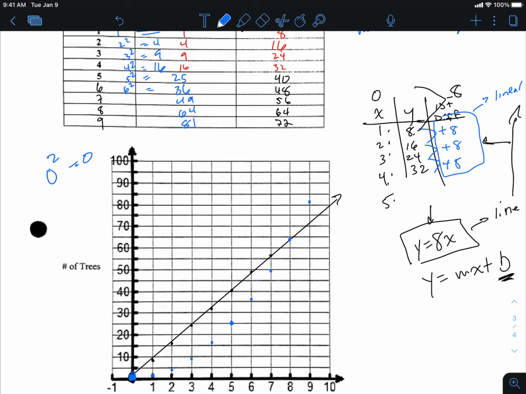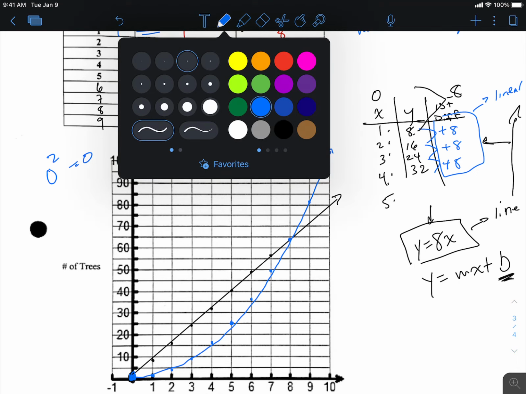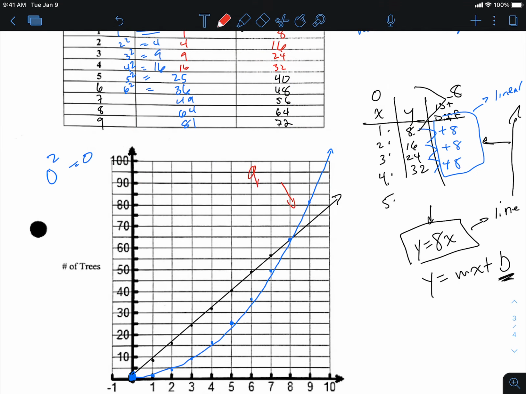Okay, so if I connect these dots, right, what we're going to see is something that doesn't necessarily look linear. This is what we define as a quadratic, the graph.